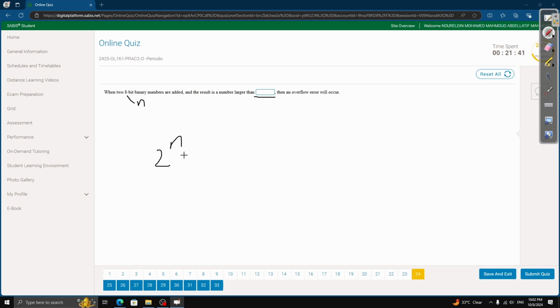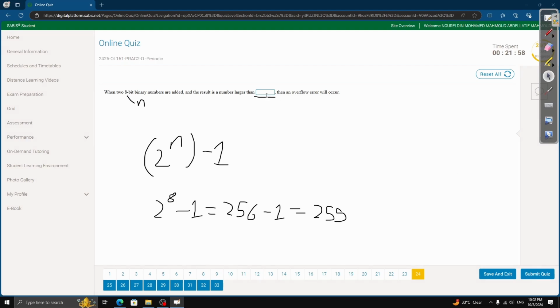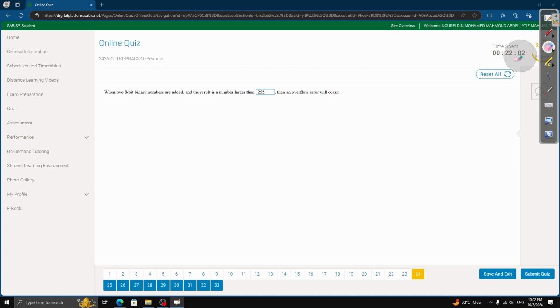Take 2 to the power of n, and subtract 1. Here we're given 2 to the power of 8. 2 to the power of 8 minus 1 is equal to 256 minus 1, which is equal to 255. Therefore, if the number is larger than 255, an overflow error will occur.